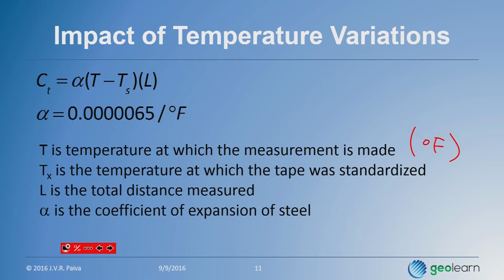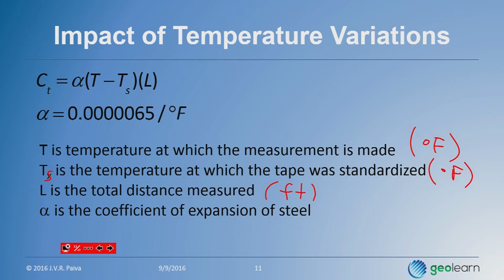I said T sub x, it's actually T sub s, that's a typo. T sub s is the temperature at which the tape was standardized. So this would also be in degrees Fahrenheit. L is the total distance measured. Again, this is set up for feet.